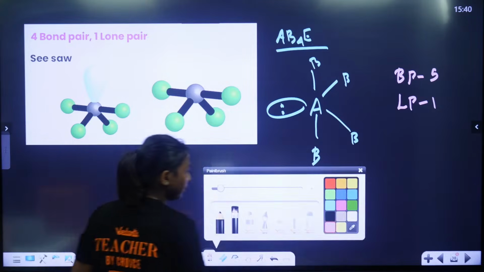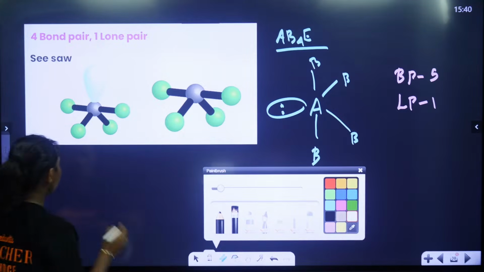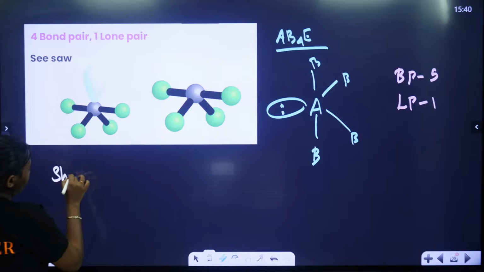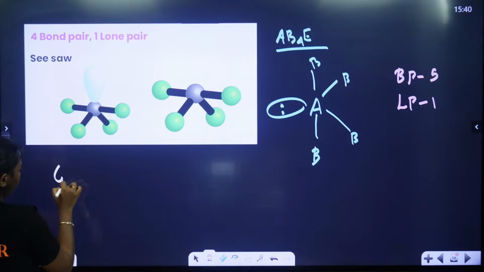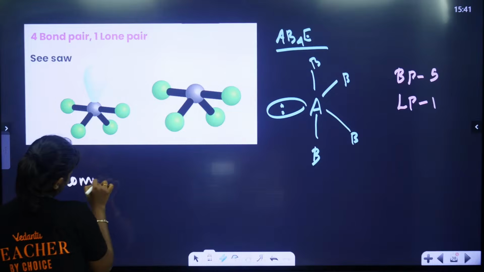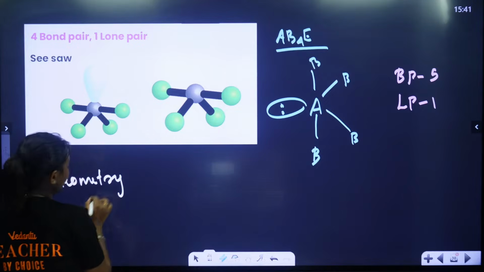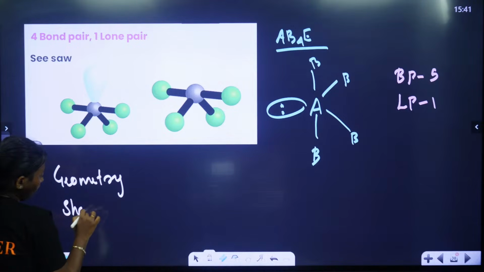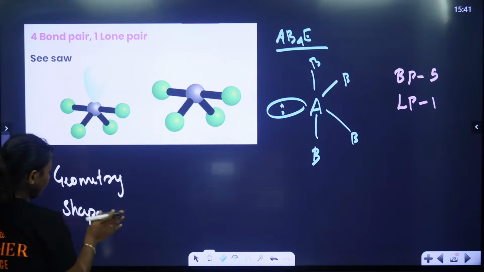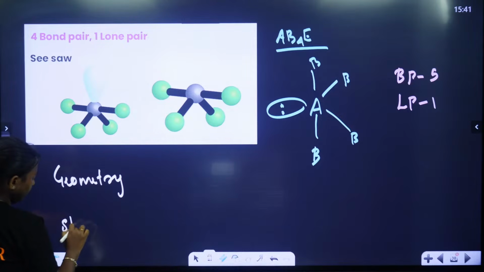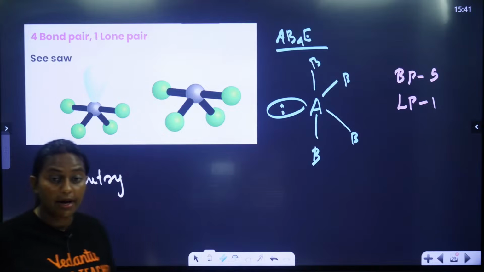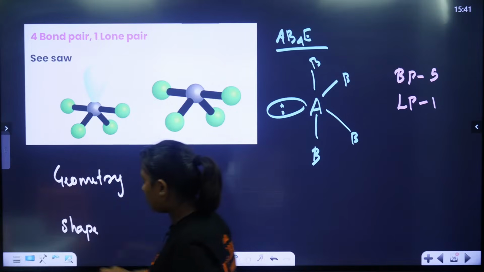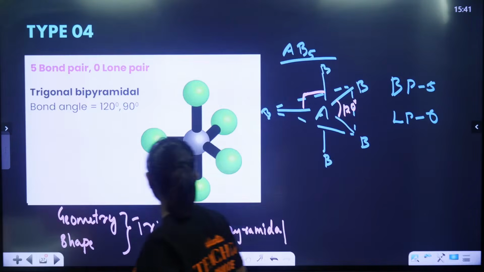Next, what is the shape and geometry? First we can write the geometry. What is the geometry, guys? Trigonal bipyramidal. We already discussed trigonal bipyramidal.